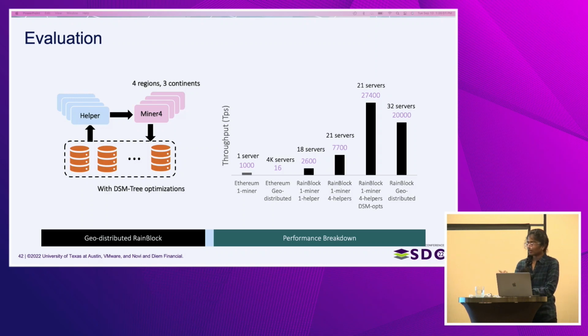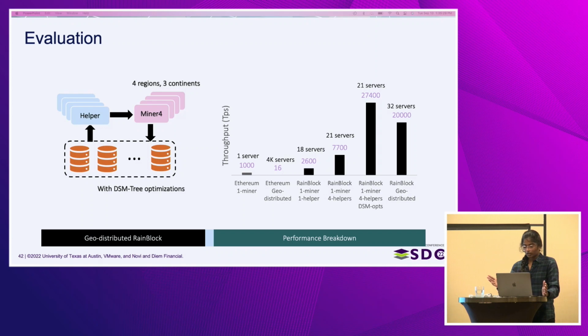In this setting, RainBlock miners can process more than 20,000 transactions per second, and they use about 32 servers. We also increased the number of miners, keeping them in the same regions, and we saw that they were consistently at about 20,000 transactions per second.